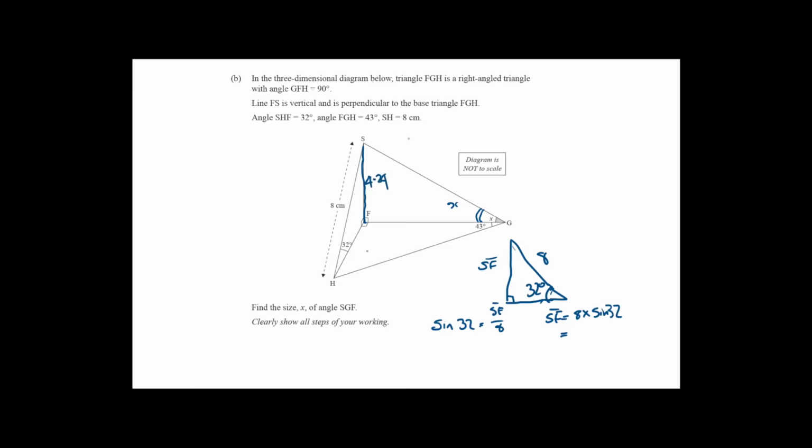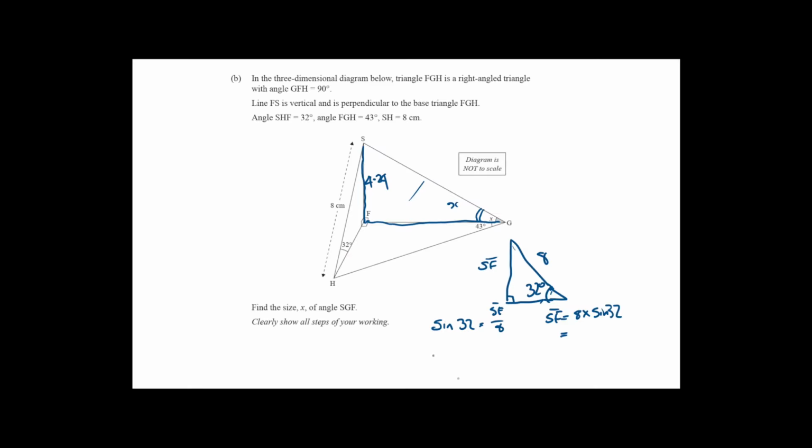Okay, now we need to find the length of this side here. To do that, we're going to need to deal with this one here, and we need to find this side here. This one is the other side, so it's the converse of that.